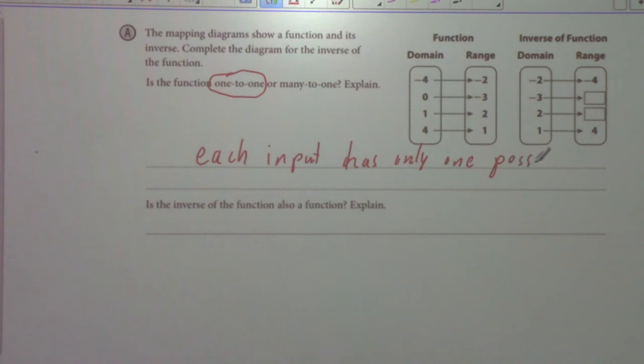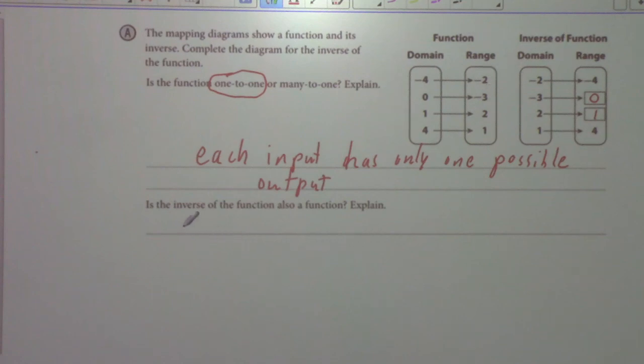Now, what I want to do next is get to what Jaden just mentioned a minute ago, and fill out the table here on the right. How do we fill in these blanks? What goes in? X and Y switch. So what goes in these blanks? 0 and 1. Does everybody agree with that? Okay, good. Now, is the inverse of this function also a function? Here's the inverse of this thing.